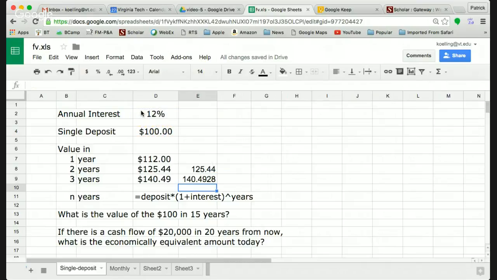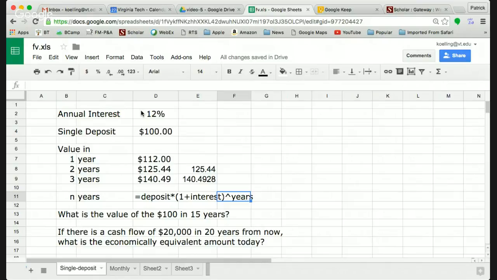So you can see generally the equation for any number of years in is equal to our initial deposit times 1 plus the interest rate taken to the power of the number of years into the future.